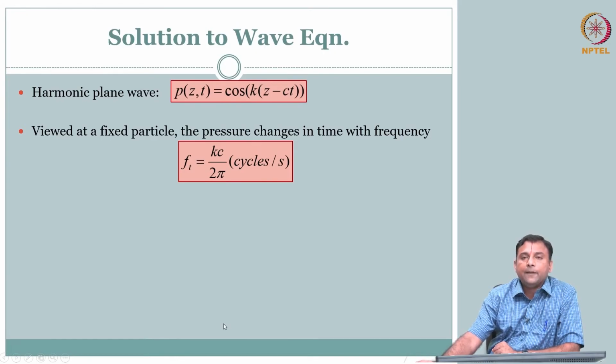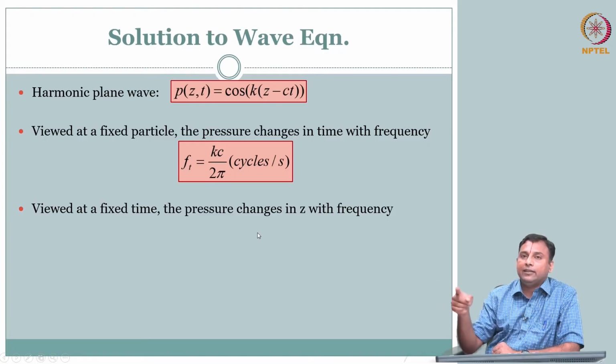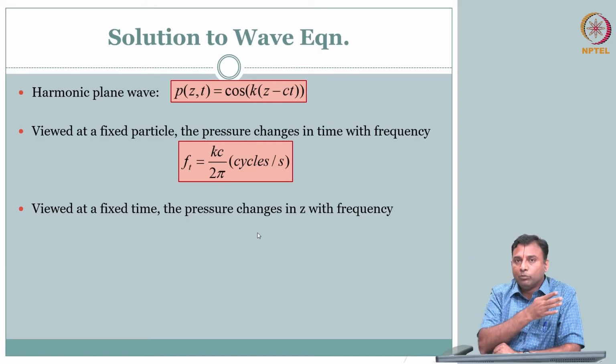Then what happens if you are looking at it from a space point of view, viewed at a fixed time? If I freeze the time at one particular instance, then the pressure changes in z: there is a rarefaction, compression, rarefaction function, and it is moving.